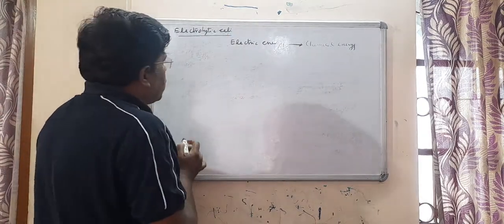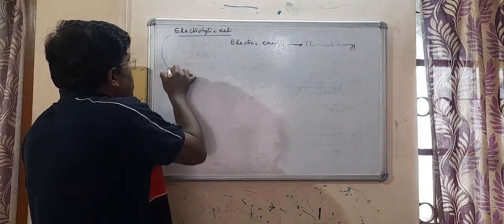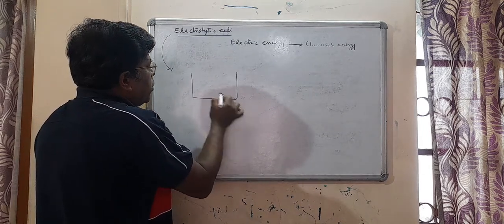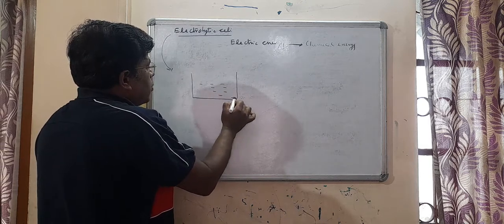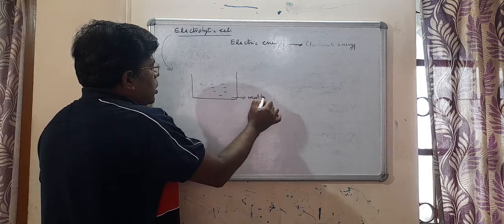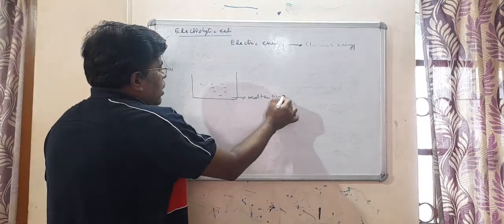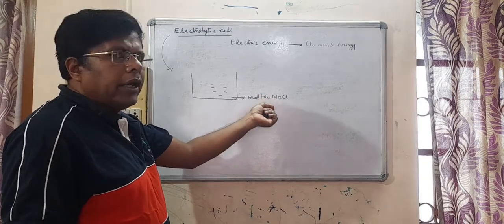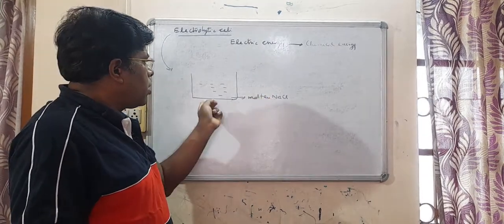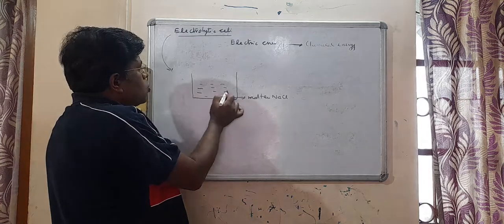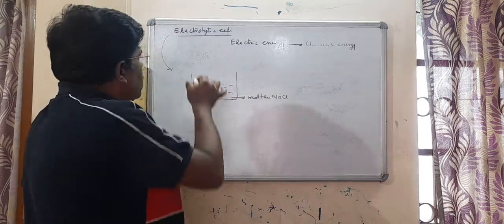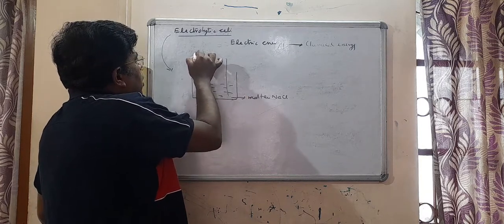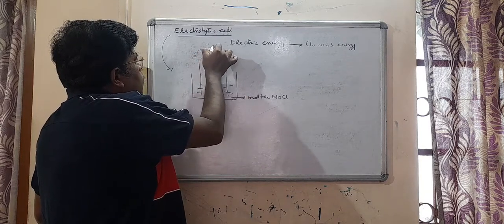Okay, now let us consider a first case. Suppose we have a container with molten NaCl. Sodium chloride is an ionic compound. It has to be heated to a very high temperature to make it molten. Remember, there is no water here, and we have two plates connected to a source of current.